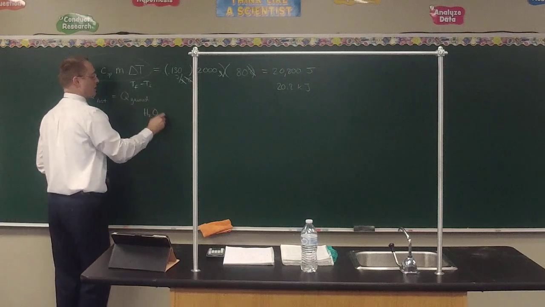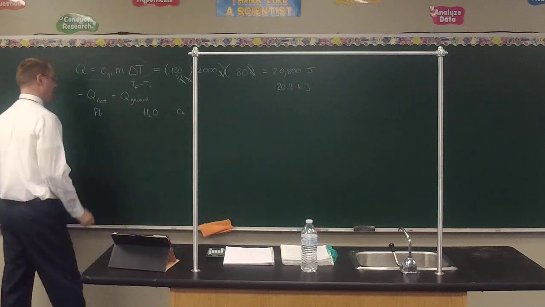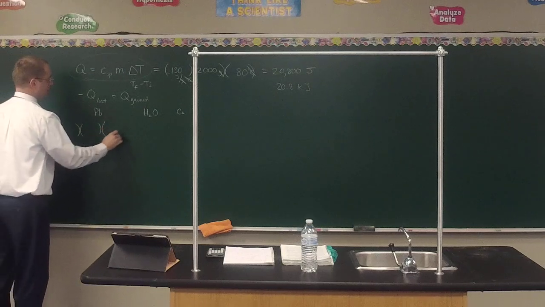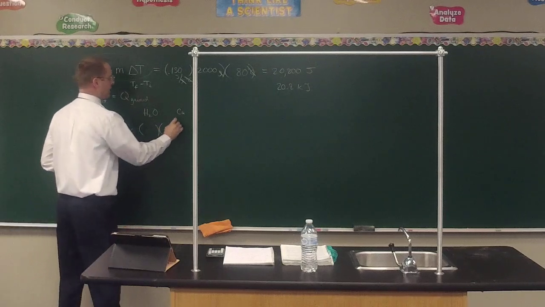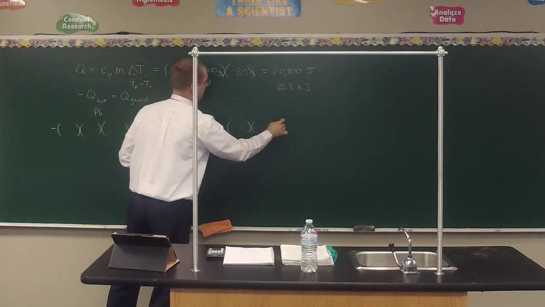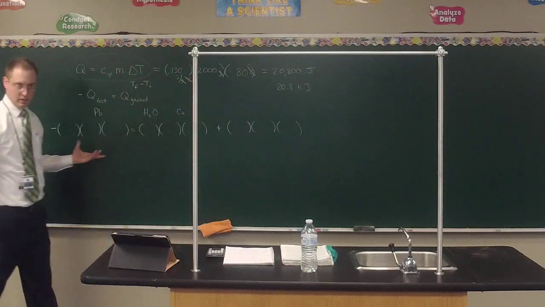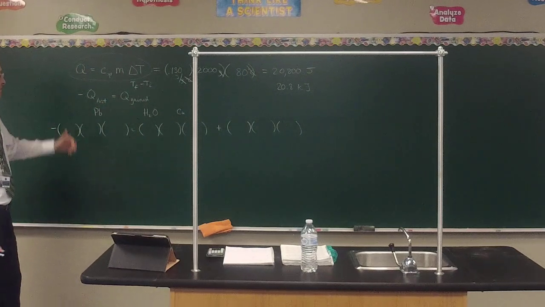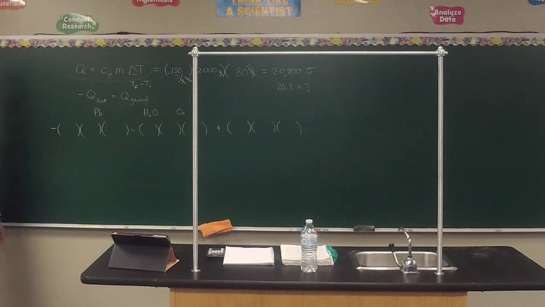On the gaining side, we have the water and the copper cup. So once again, C S P M delta T. C S P M delta T. But we also have copper. C S P M delta T. Just plug in the numbers, follow the algebra. Let's start with the specific heat of lead. We just saw it a few problems ago, and a couple of us, in fact, tried to use it again. So what do we have this time?